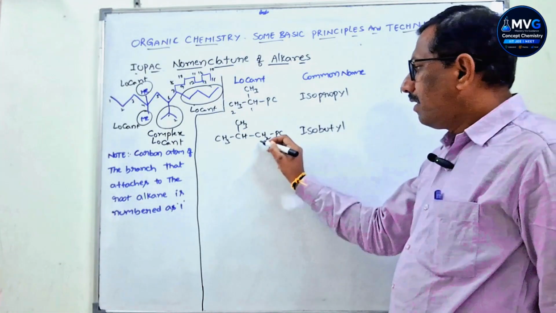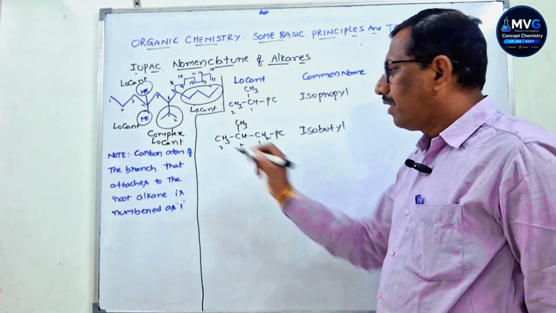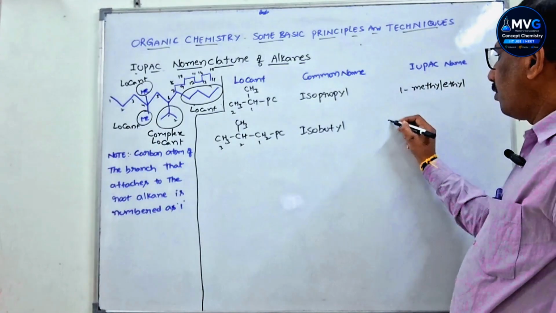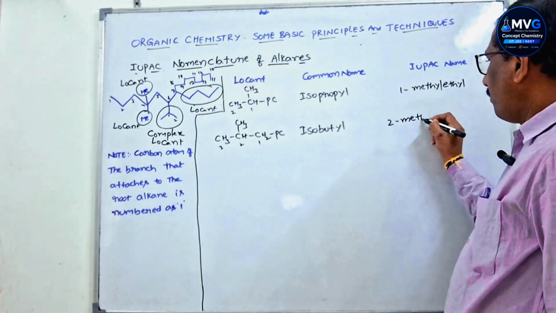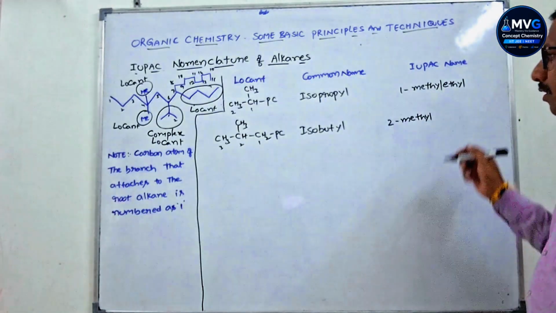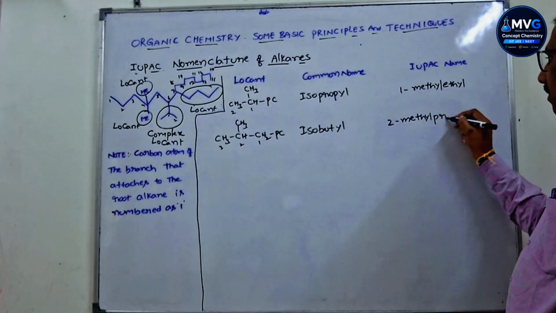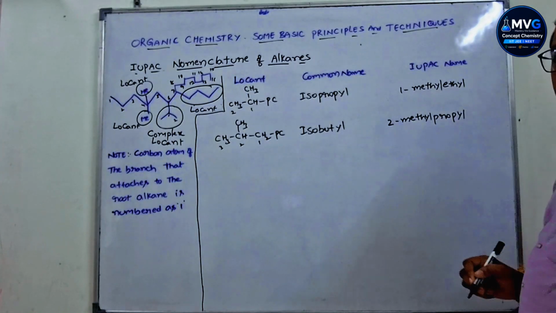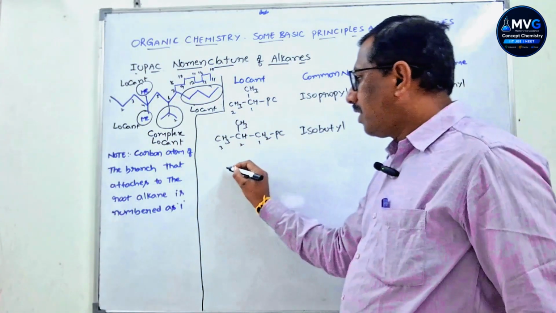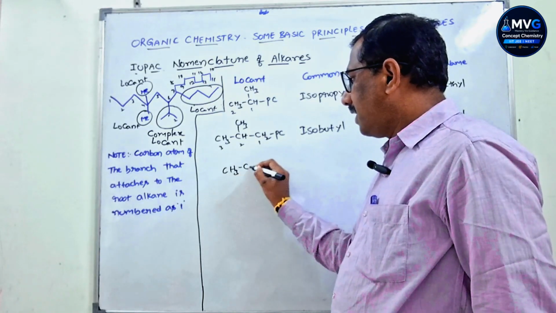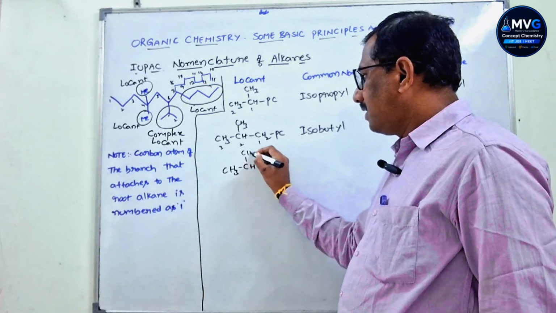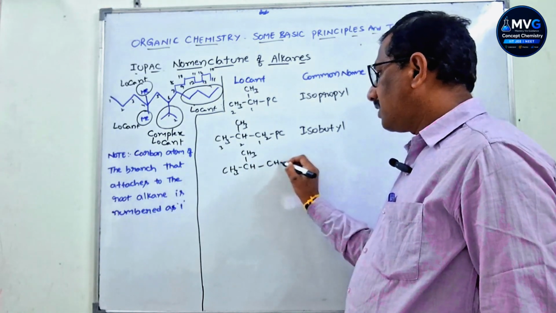Now for the IUPAC numbering 1, 2, 3, the second position has a methyl group, so 2-methylpropyl. Students, it is the same compound. Suppose it is like this: CH3, CH, CH3, CH3.